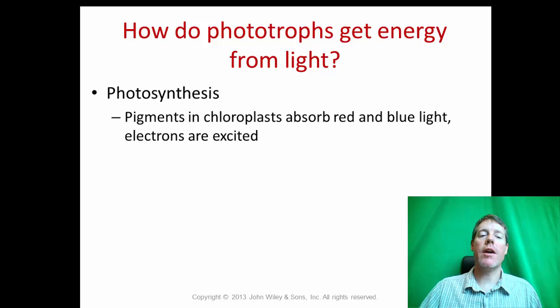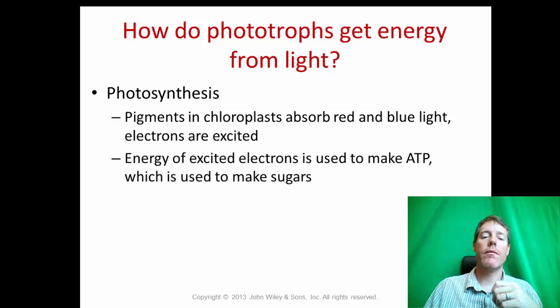Photosynthesis is the chemical reaction. Specifically, what happens is that pigments in chloroplasts absorb red and blue light. That's why those pigments look green to you, because green light is being reflected, red and blue is being absorbed. And in the pigments, electrons are excited.